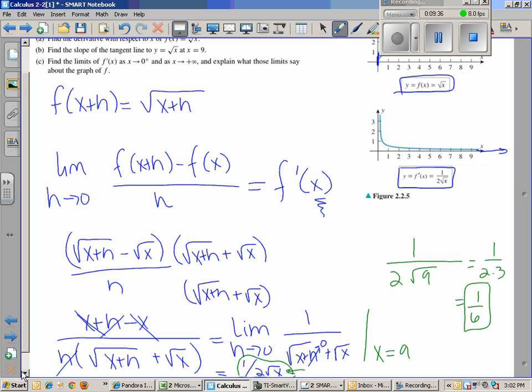Okay? So that's what we're looking at. As x gets super, super big, then the derivative is going to go to 0. Look at where this is going as x goes to infinity. Look at where this is going as x goes to 0. Okay?